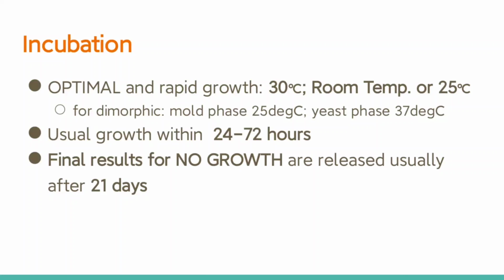Now for incubation, the optimal and rapid growth is at 30 degrees Celsius or room temperature, 25 degrees Celsius. Those are the optimal temperatures for rapid growth of most fungal specimens. For dimorphic fungi, there are mold and yeast phases. Mold phase is at 25 degrees Celsius and yeast phase is at 37 degrees Celsius. The usual growth of the fungal specimen is within 24 to 72 hours according to Mahon.